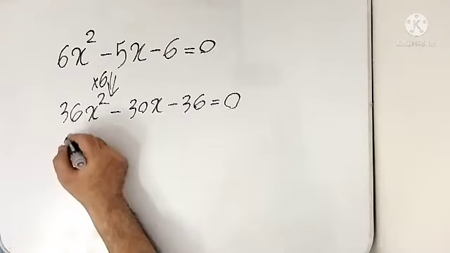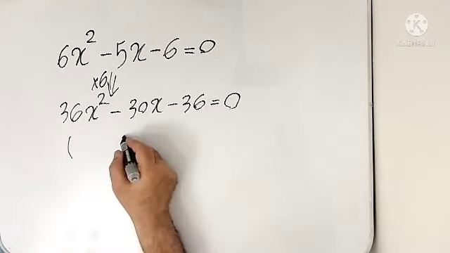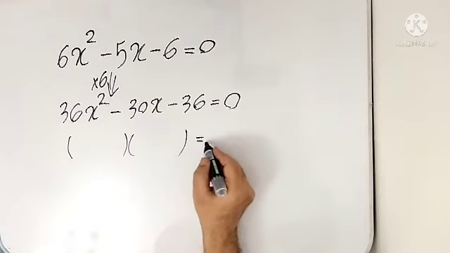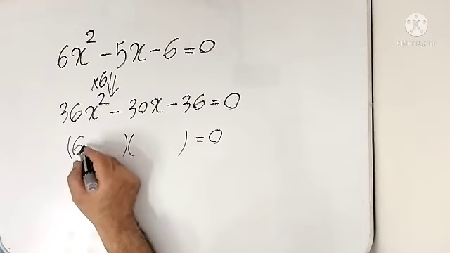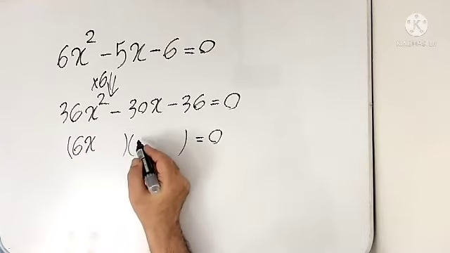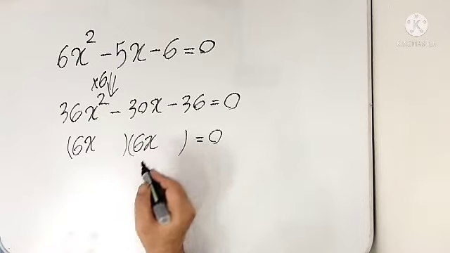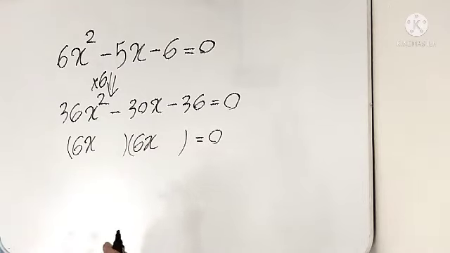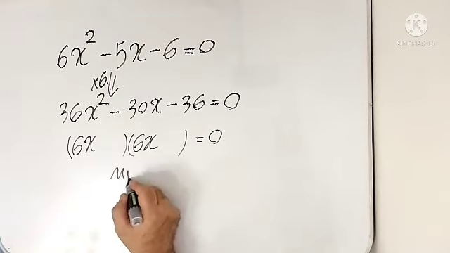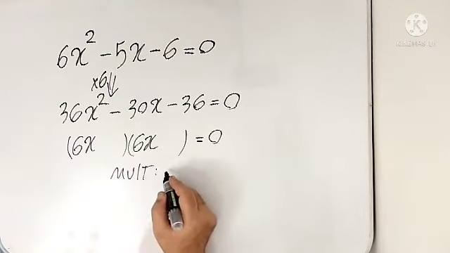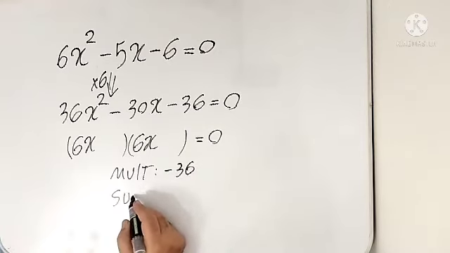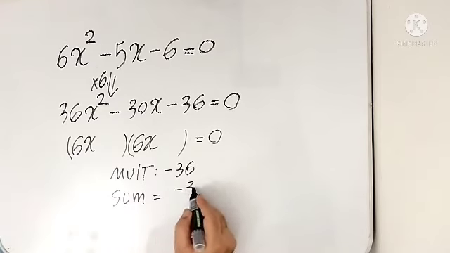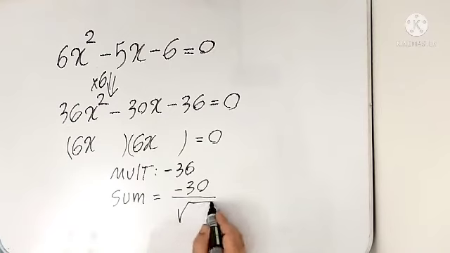In this equation, A is a full square. We must form two parentheses starting with 6 times x. Then we must find two numbers that multiply to -36 and sum to -30 divided by the square root of 36.